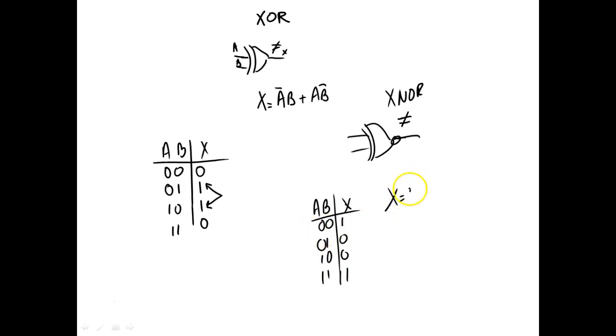So we get a high if A and B are low, or if A and B are high. So that's the equation for an exclusive NOR. Not A and not B, or A and B. That's the correct way to say it. And that would be the equation for an exclusive OR.